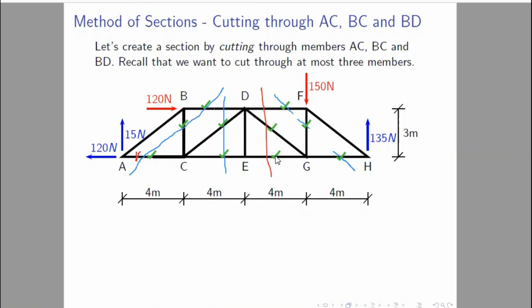So you can see that using these sections we have found all the reactions and member forces. Only a few are left. AB is still left, unknown member force DE is still left, and unknown member force FH is still left.